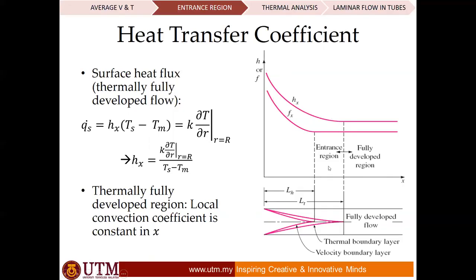The entrance region is not so long compared to the total length of the pipe. Then you reach a fully developed region where you have a constant heat transfer coefficient. If you have a high heat transfer coefficient, you have a high ability to remove heat or to accept heat. If you have a low heat transfer coefficient, your heat transfer rate is going to be a bit lower than in the entrance region.